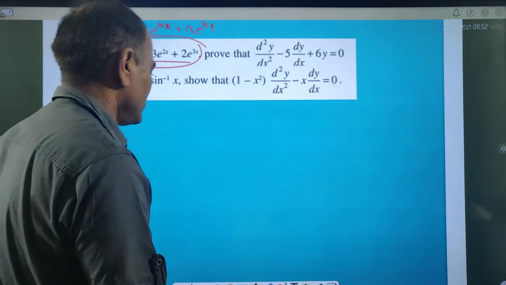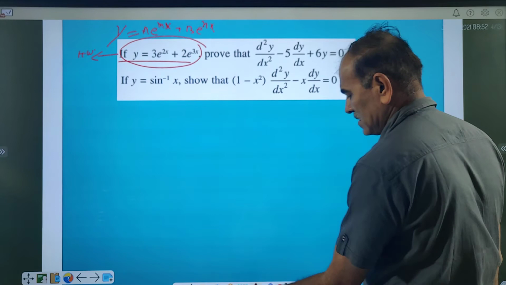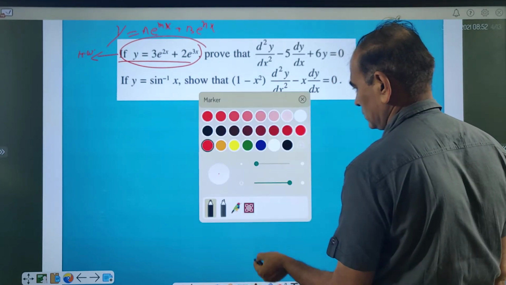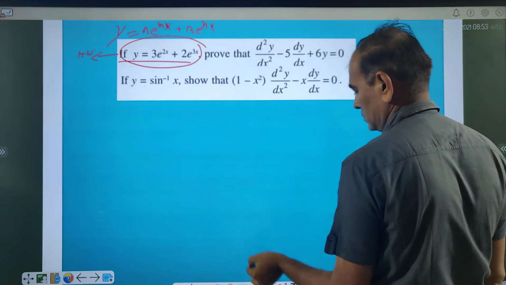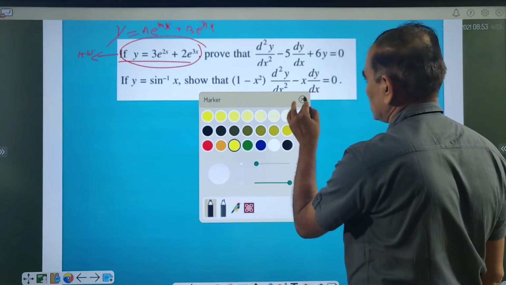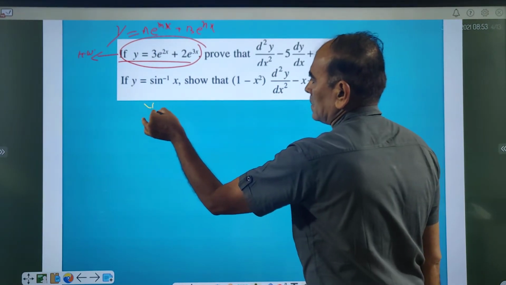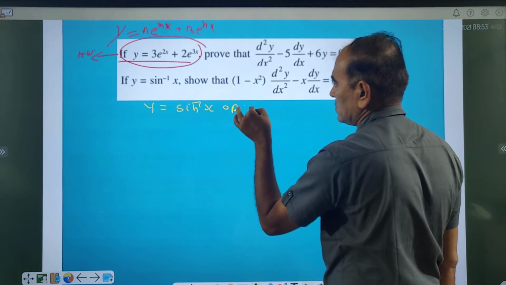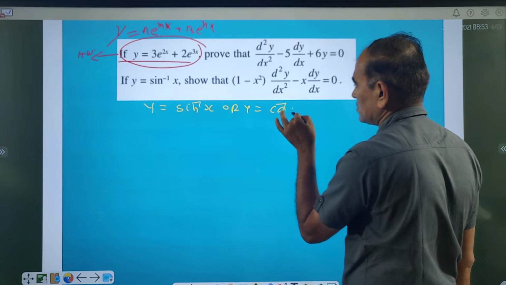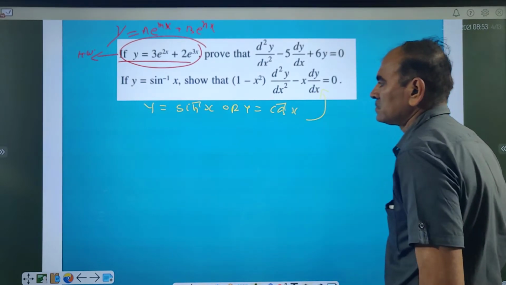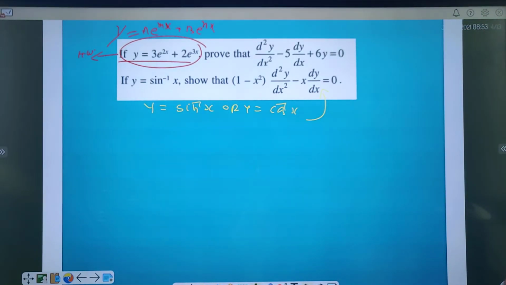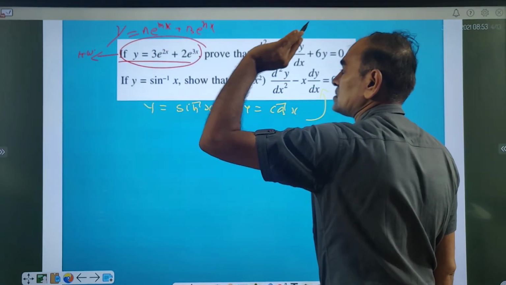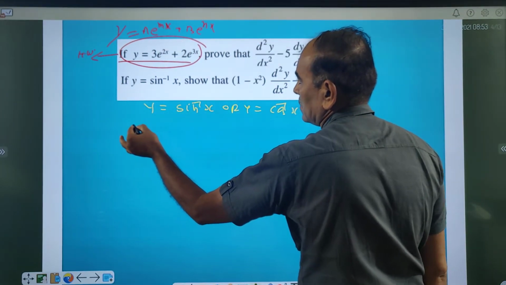Let us see this one. Here, sin inverse x is given. Y is equal to sin inverse x or y is equal to cos inverse x, then above, I am going to prove it for the square.